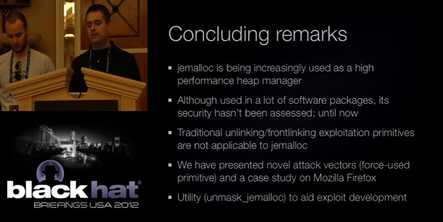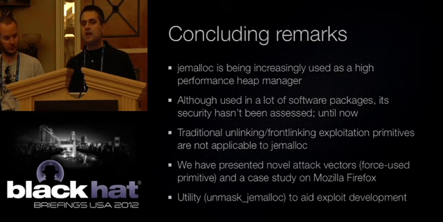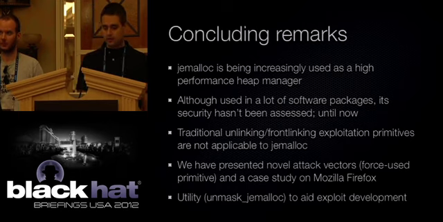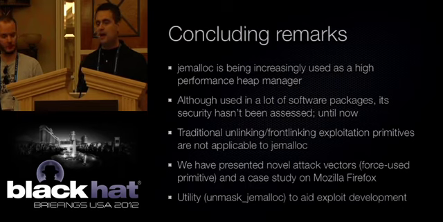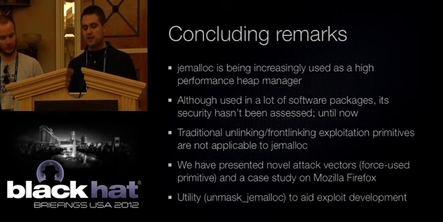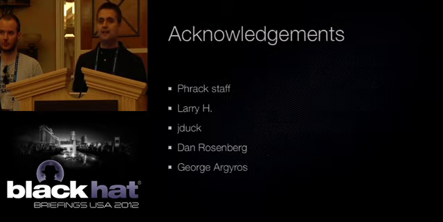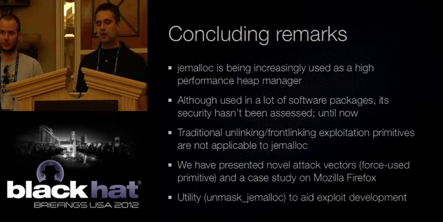Again, the most important thing to probably take out from this presentation is that we're seeing a move from linked list-based allocators to bitmask allocators because their performance is much better. So the old exploitation primitives of front linking and unlinking, which would grant you a write-four primitive, are no longer applicable.